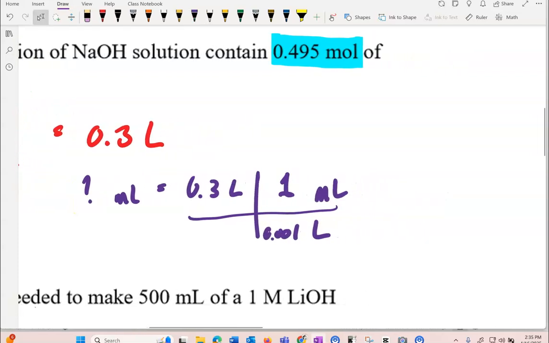So I'm going to take 0.3, multiply it by 1, divide it by 0.001, and liters is going to cancel, leaving my answer in milliliters, and we get 300 milliliters. Or, since there's 1,000 milliliters in a liter, you can just multiply your 0.3 liters by 1,000, and you get 300.